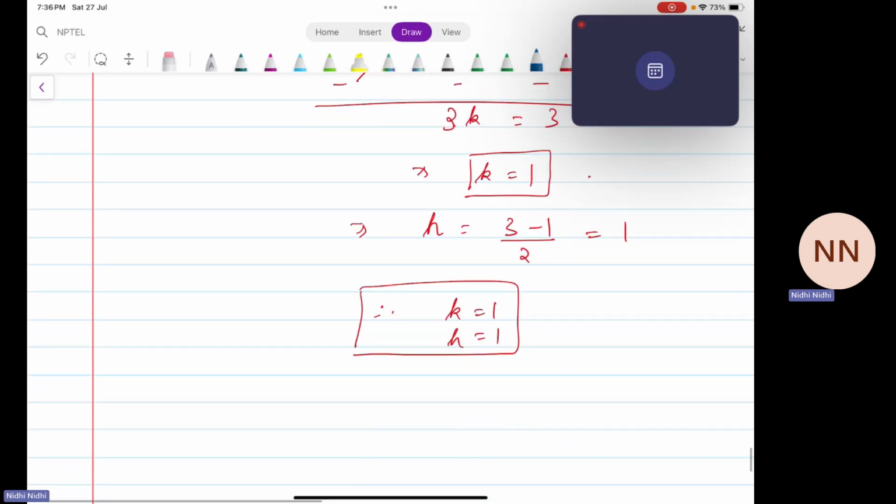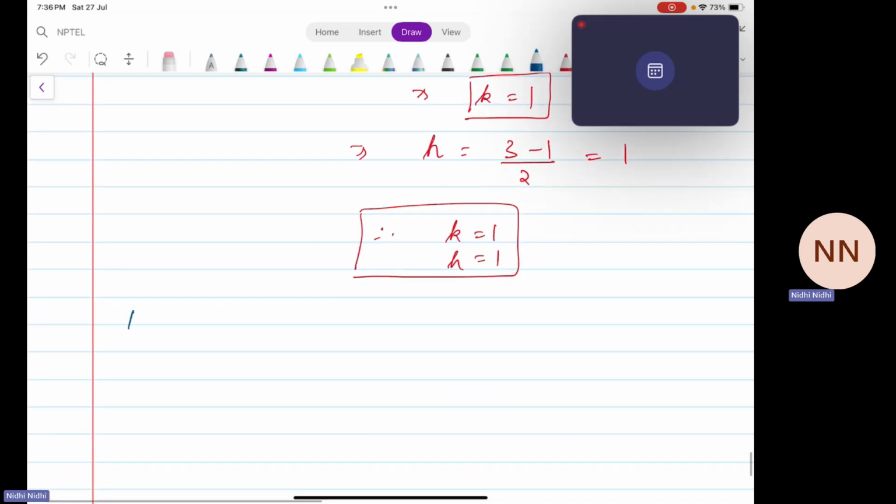Thus, we have small x is equal to capital X plus 1 and small y equals capital Y plus 1.